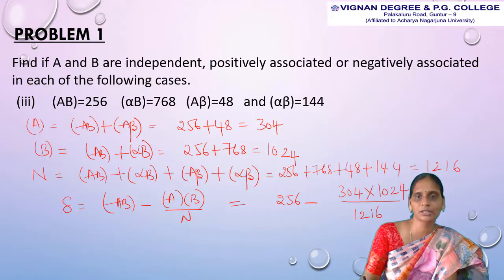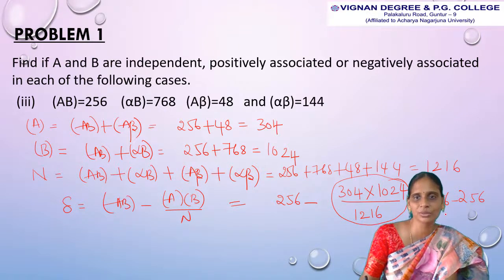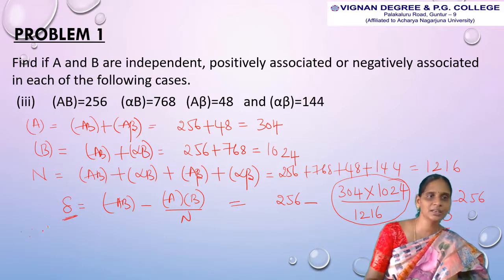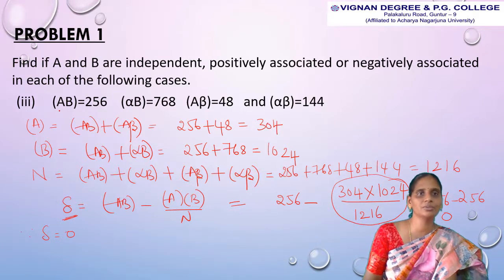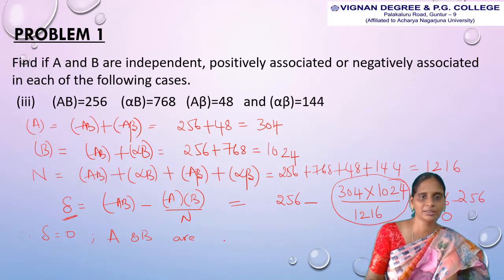And this is equal to 256 minus, we simplify this term, we get the value also 256. 256 minus 256, this is 0. So now the value of delta is 0. Since here delta is equal to 0, the given attributes A and B are independent.